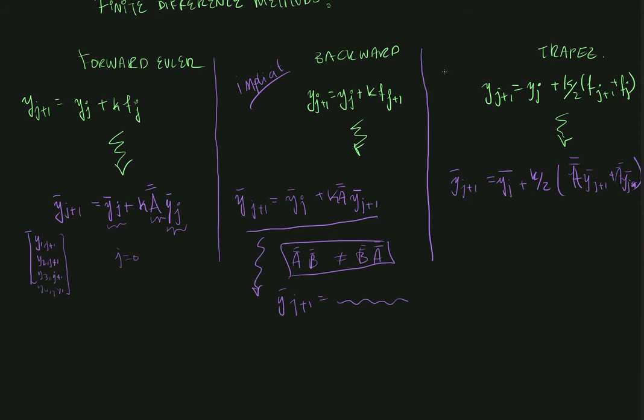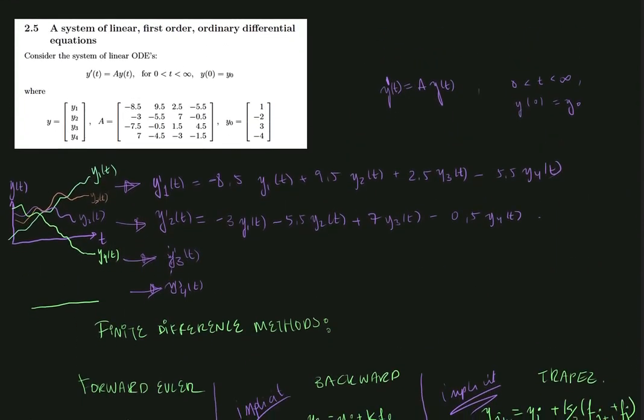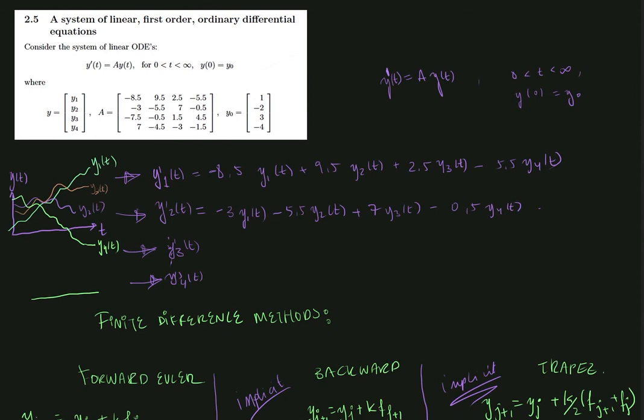Well, the trapezoidal method is also implicit. So here you'll also have to isolate y_{j+1}. And also remember that matrix multiplication is not commutative. And after you've done that, then you're ready to go and you're ready to implement the finite difference methods that we have learned in chapter 1 on a system of first order ordinary differential equations.